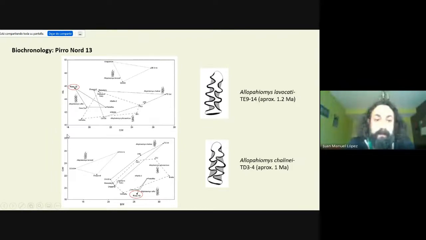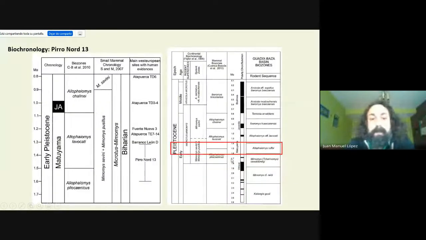And we showed that they are separated from these ones. Here is Pirro, for example, the Alphaiomis labocati from Elefante, and other sites appear here, or here the labocati. And we conclude more or less like this.